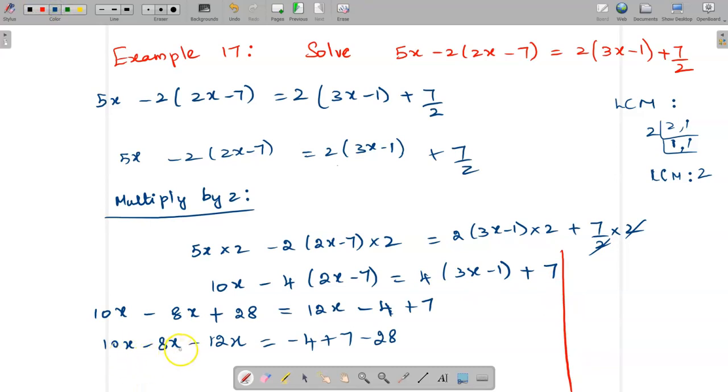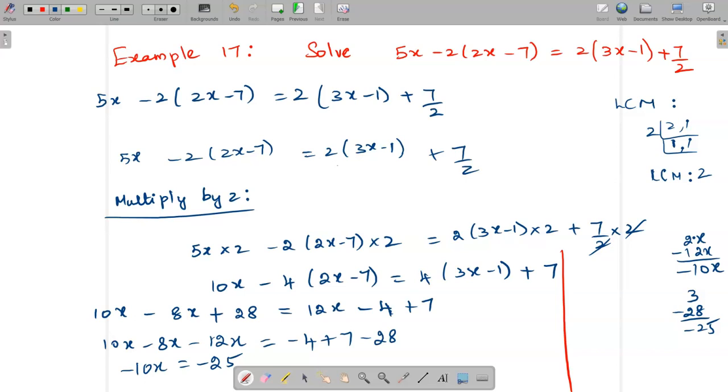So 10x minus 8x minus 12x I have. 10x minus 8x is plus 2x, plus 2x minus 12x is minus 10x. So on the left hand side I have minus 10x, which is equal to minus 4 plus 7, which is plus 3, and 3 minus 28 is minus 25. So on the right hand side I have minus 25.